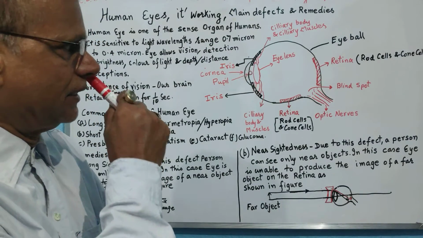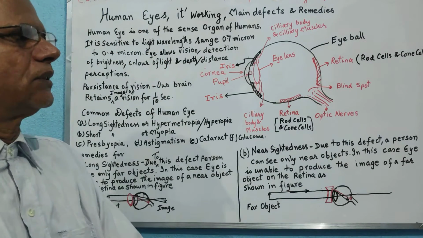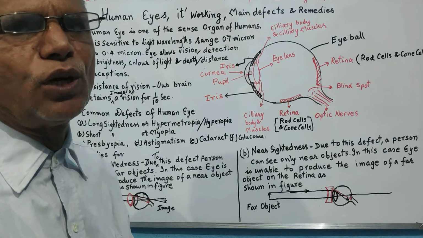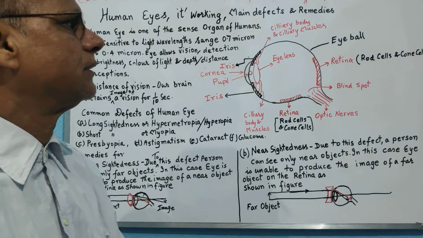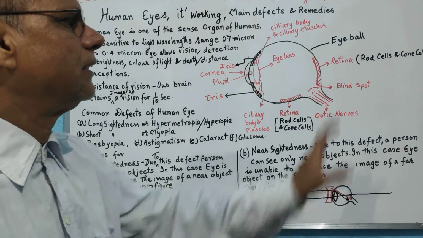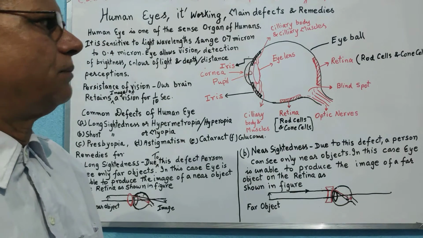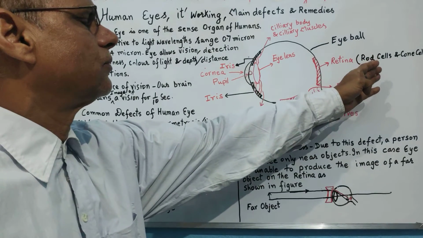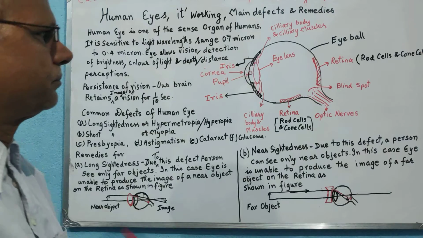If we have enough intensity of light, then only the cone cells work, that is, our eye becomes sensitive towards color. If we don't have enough brightness reaching the retina, then the color is not detected by the eye, because cone cells do not work in case the brightness of light is not adequate.